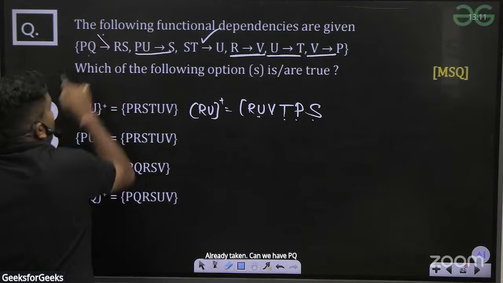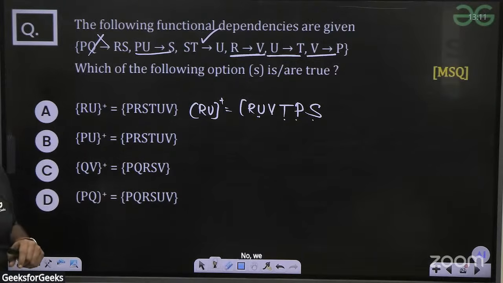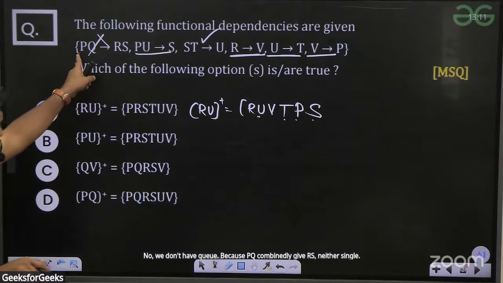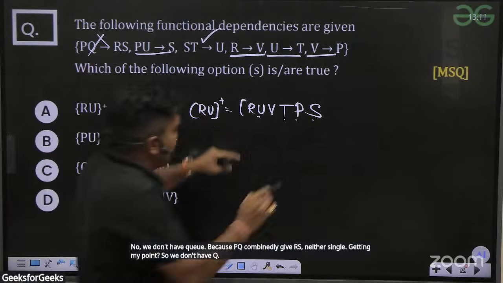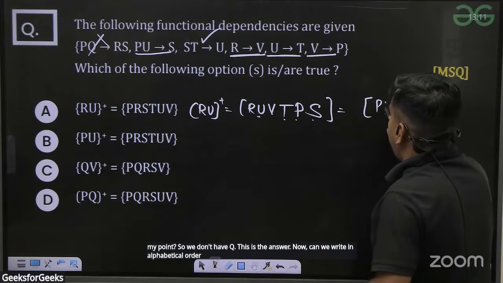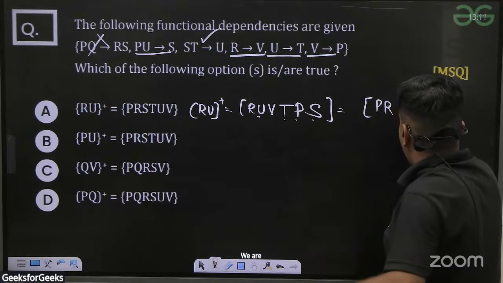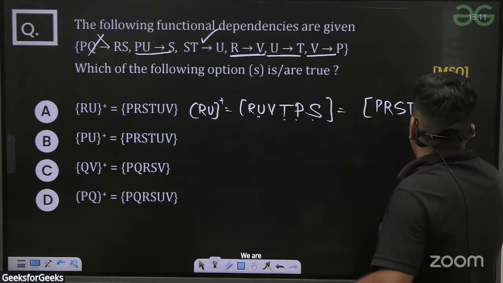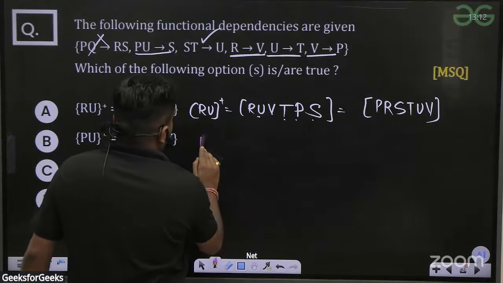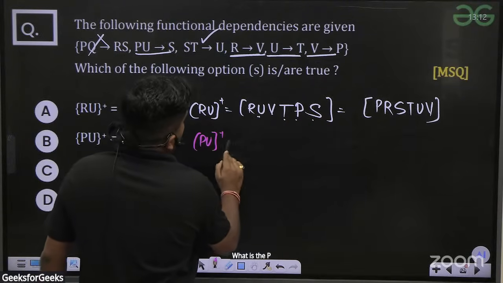No, we don't have Q, because PQ combined gives RS, not singly. Getting my point? So we don't have Q. This is the answer. Now can we write in alphabetical order? PR. Getting? Next, PU. What is the PU closure?